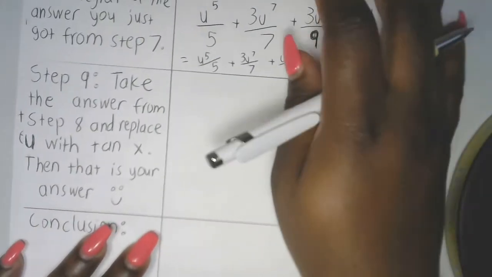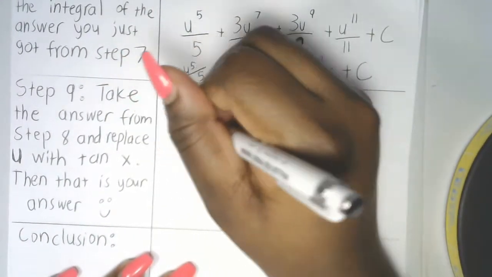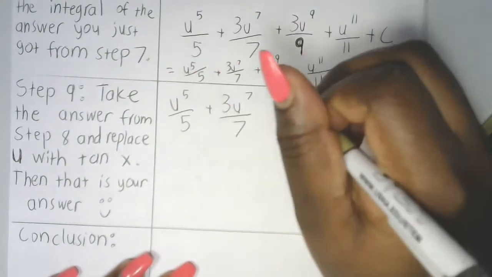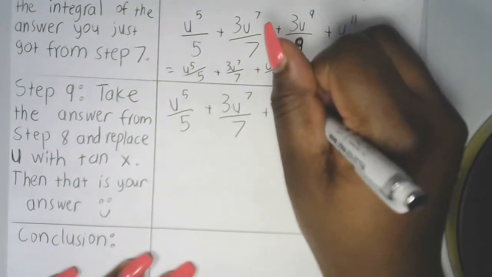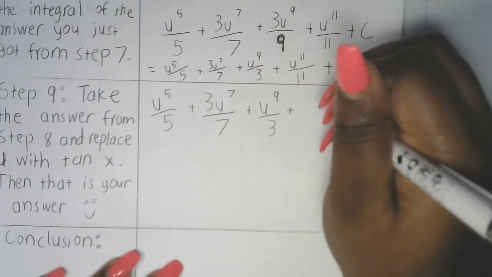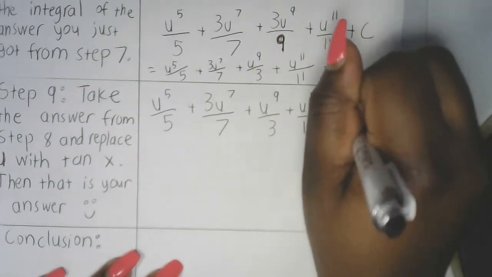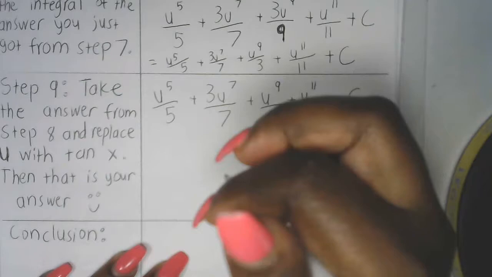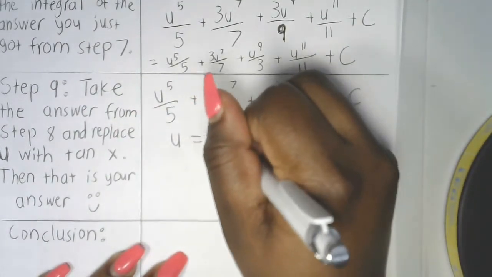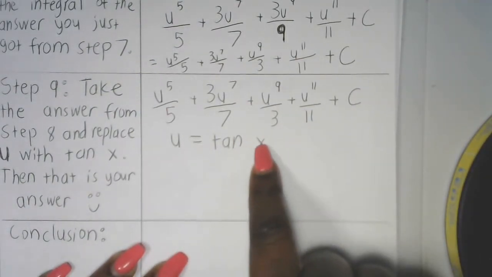So the answer we got from step 8 was u to the 5th over 5 plus 3u to the 7th over 7 plus u to the 9th over 3 plus u to the 11th over 11 plus c. So basically, like we said before, since we established that u is equal to tan x, everywhere we see u, we're just going to replace u with tan x.